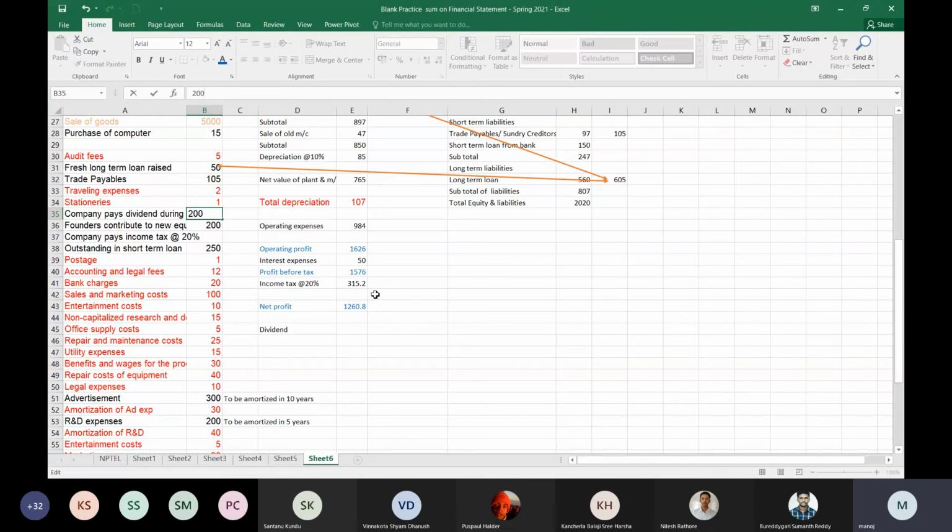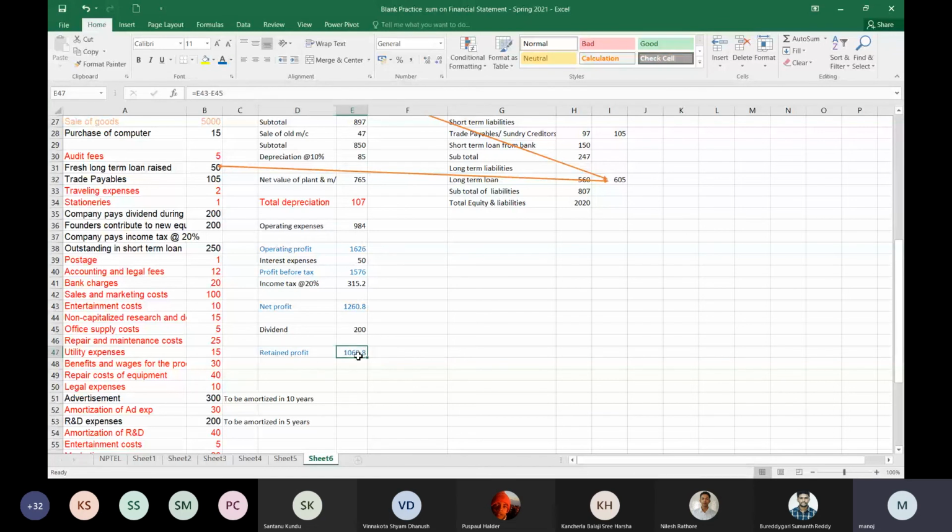So the company pays dividend here, and then we get retained profit or retained earning. Earning is an American term, profit is an Indian term. This minus 200 is equal to this. So our retained profit is 1060.80.